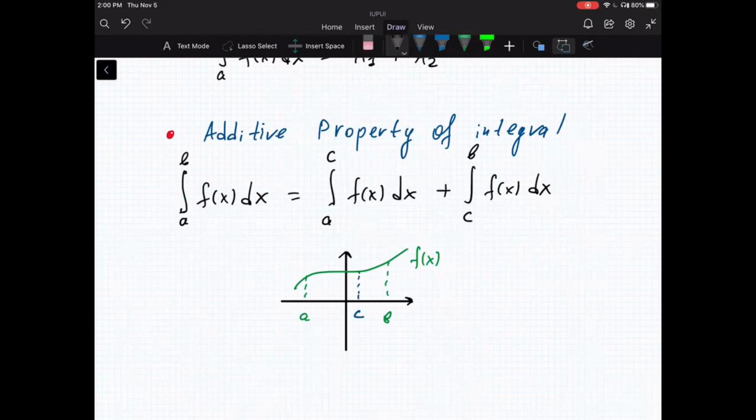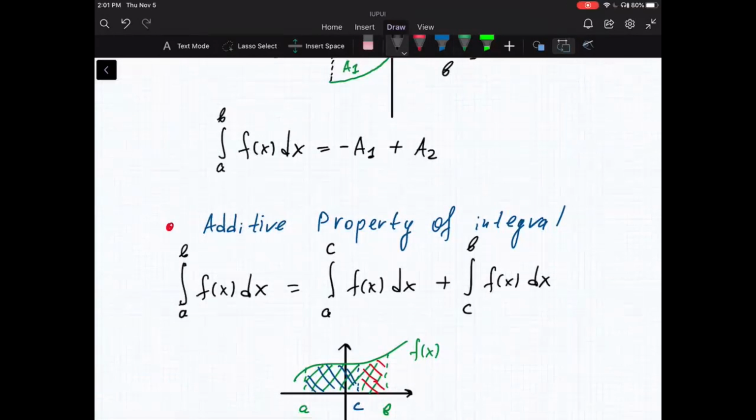Then the integral from a to b is this whole area, while the integral from a to c is the blue area, and the integral from c to b is the red area. So indeed, the sum of two pieces gives you the whole piece of area. Using this property, you can indeed solve the issue if your function crosses the x-axis.